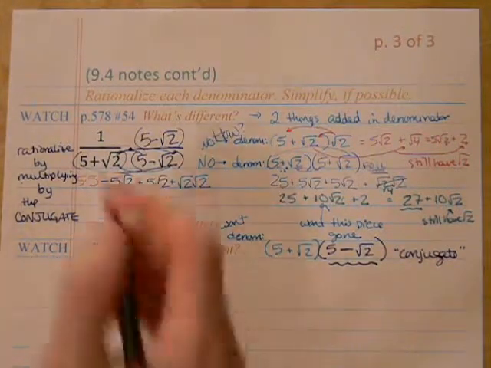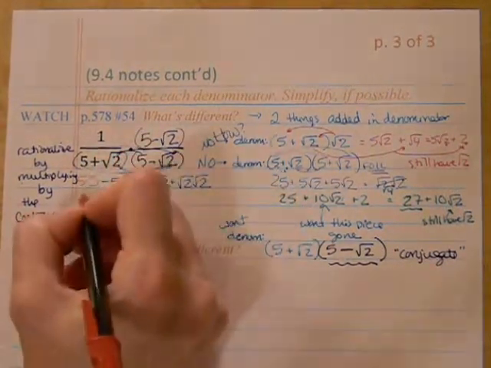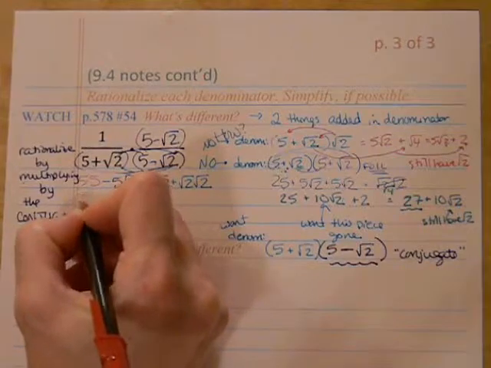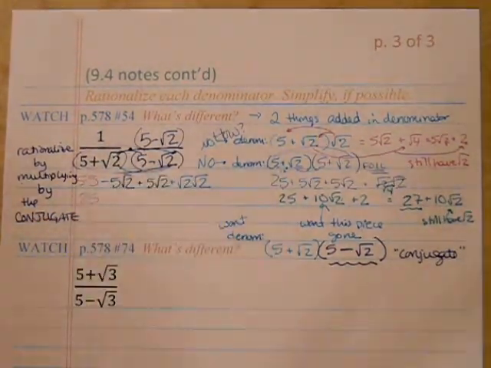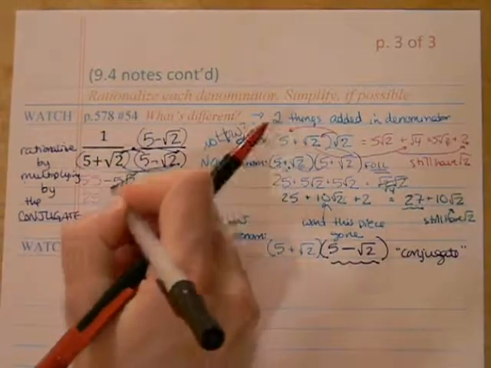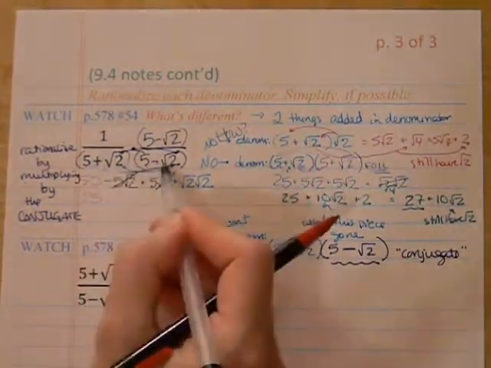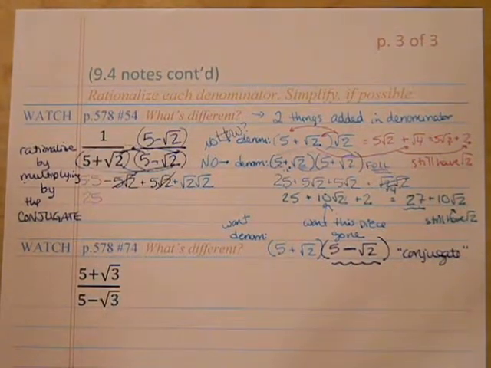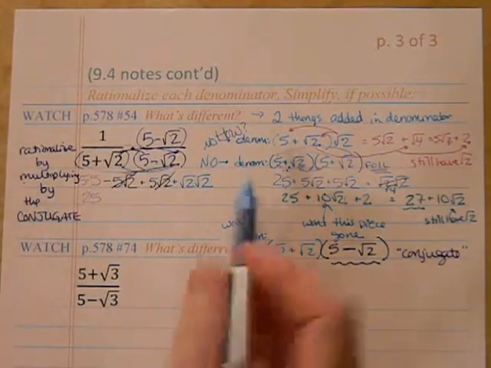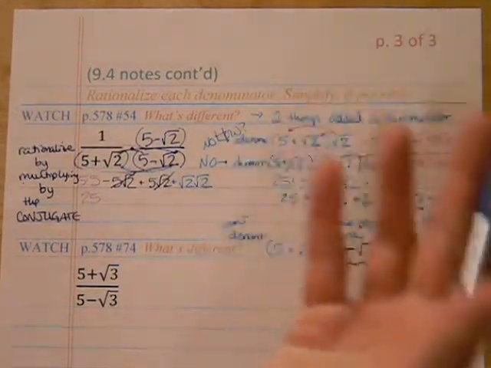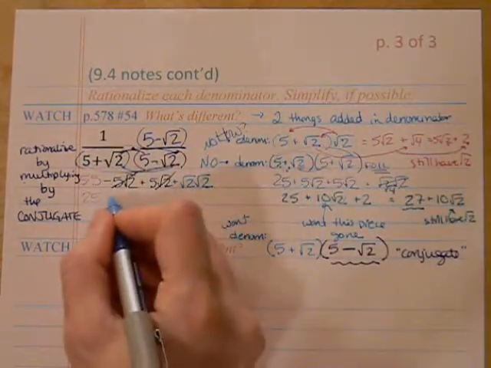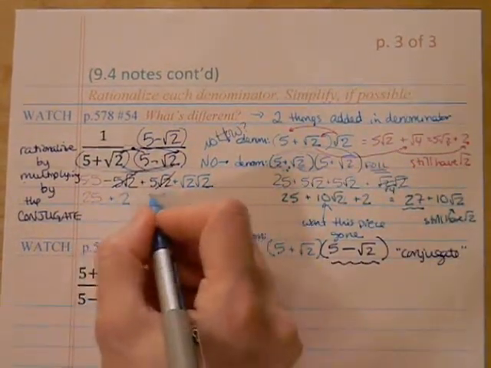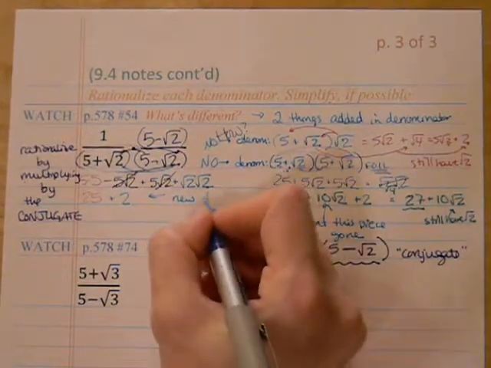So your 5 times 5 on the bottom, this is still just the denominator here, is going to be 25. Your minus 5 radical 2 and your plus 5 radical 2 cancel. That was the whole point of using the conjugate. We wanted to cancel those pieces. And then our radical 2 times radical 2 is radical 4, or just plain 2. So we just end up with 25 minus 2, that is our new denominator.